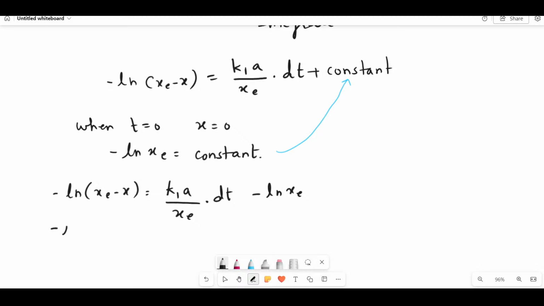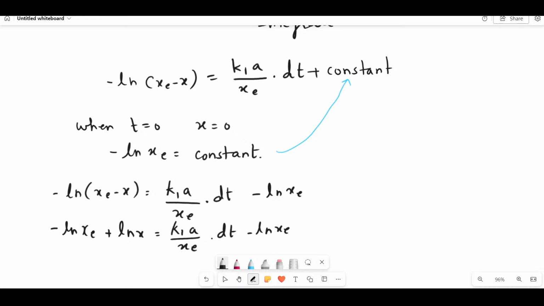Open the brackets, minus ln of (xe minus x) is equal to k1a divided by xe into t minus ln of xe.